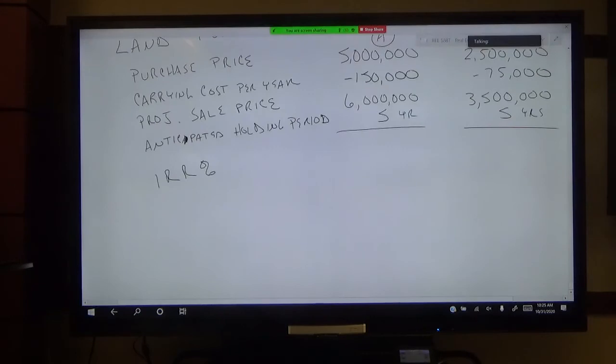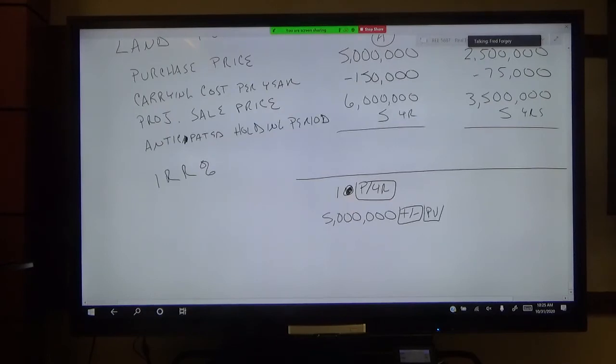Okay, one payment per year. 5 million, and that's a purchase, so that's going to be a cash outflow to us. So we're going to make that our negative present value. 150,000 is also going to be a negative payment.